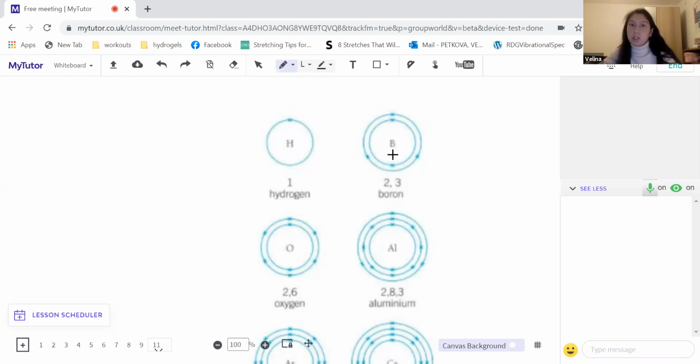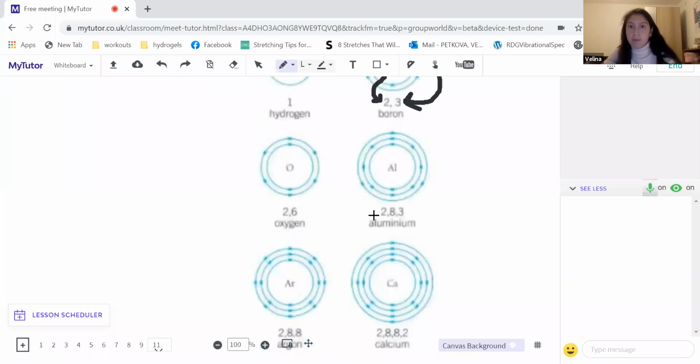You just write the number of electrons in the first shell and then the number in the next shell, with a comma in between. So here we've got 2 in the first one, 3 in the next one. Like aluminium, we have 2 in the first shell, 8 in the next one, and then 3 in the outer shell. That's how you write down your electronic structure.